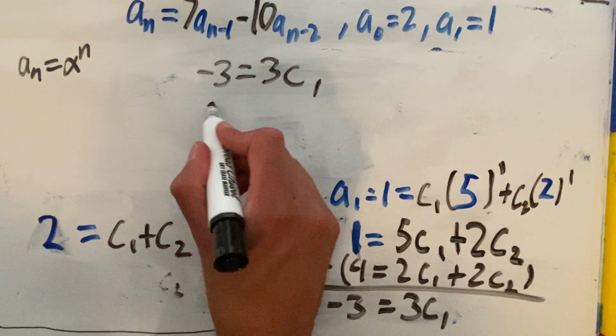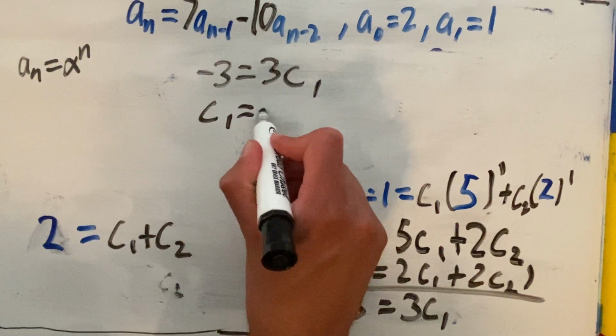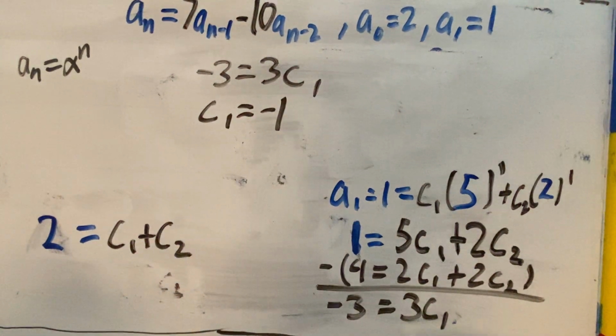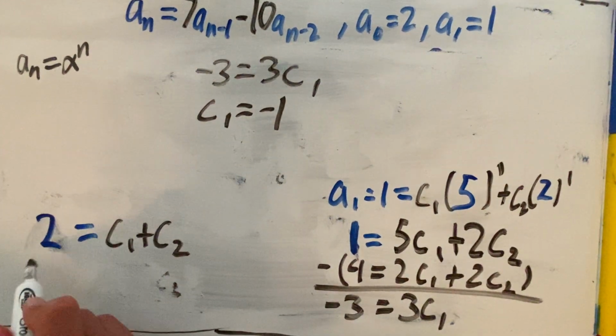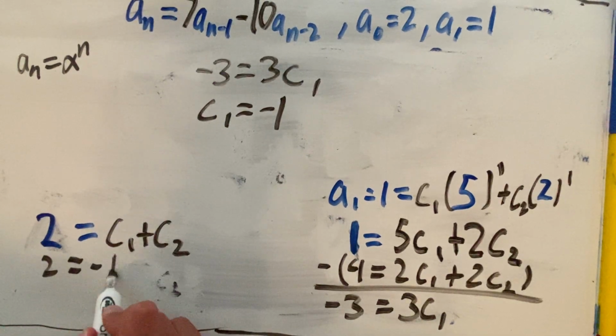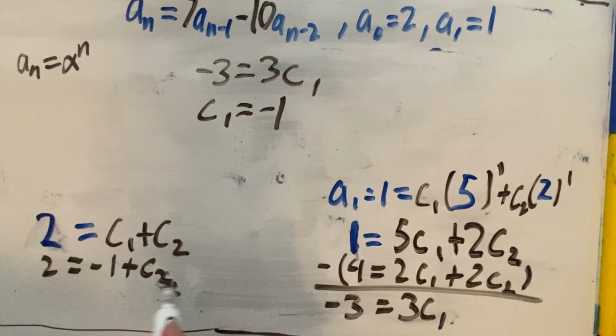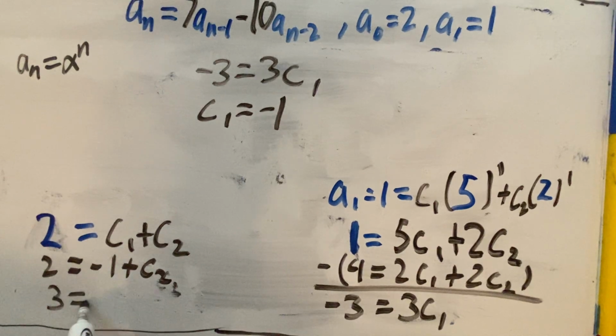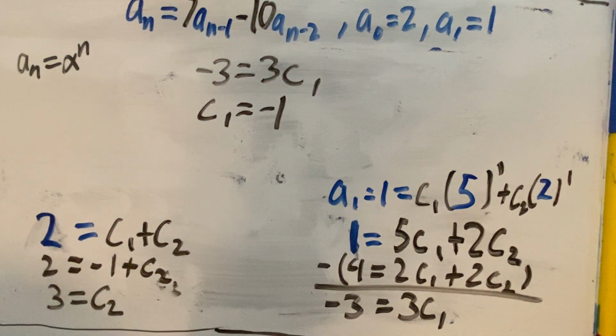Divide by 3 on both sides, and you get that c1 equals minus 1. Then you can plug that in here, and 2 equals minus 1 plus c2, and if you add 1 to both sides, 3 equals c2.